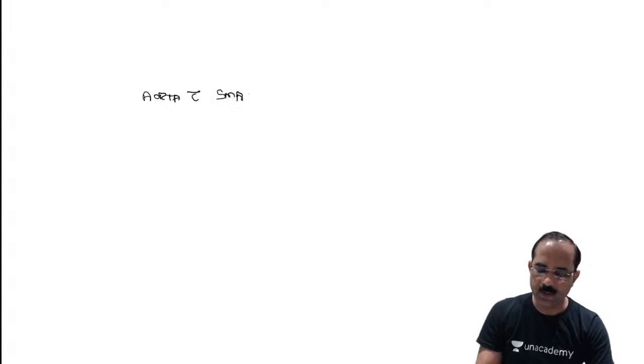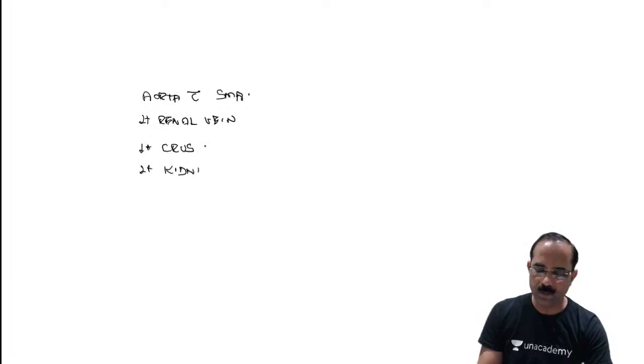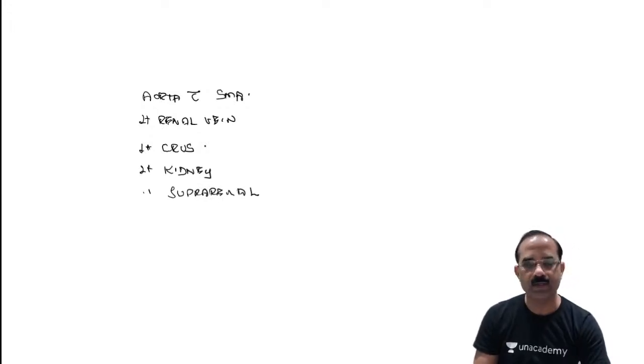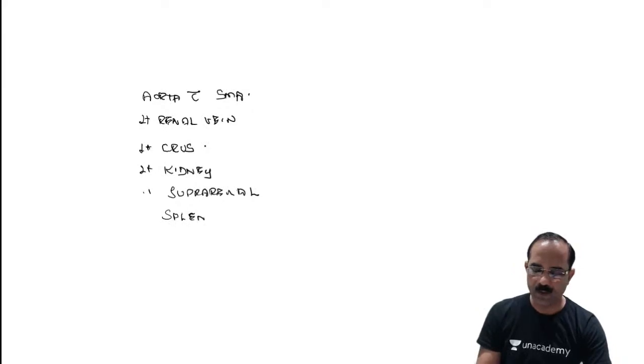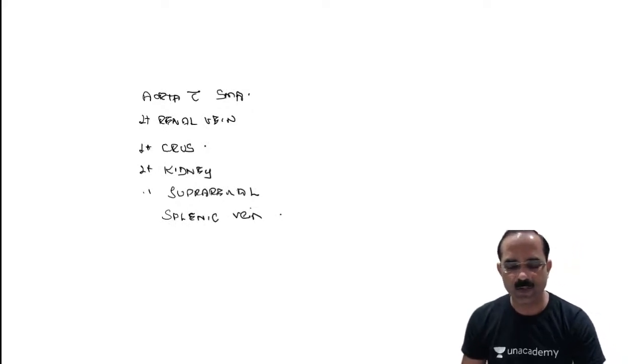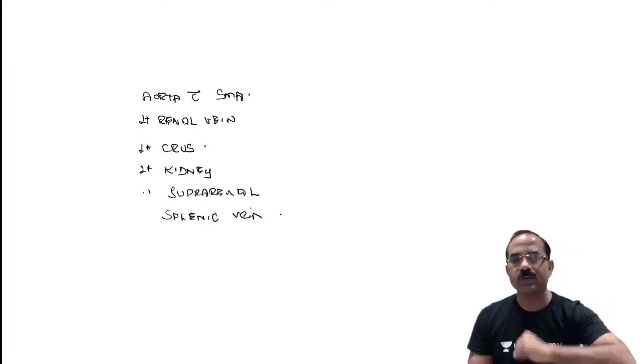The aorta with the origin of superior mesenteric artery, the left renal vein, left crus of the diaphragm, left kidney, left suprarenal, and yes, the splenic vein. Very good. All of you answering. So these are the posterior relations of the body of the pancreas.